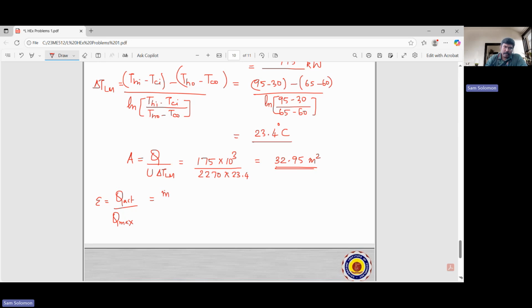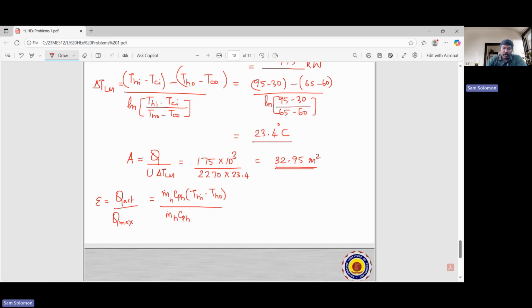So in this case, it could be either m dot h CPH THI minus THO or m dot C CPC TCO minus TCI. Okay. So in this particular scenario, this maximum possible heat transfer can be either written as m dot h CPH or m dot C CPC because both of them are same. M dot H is equal to m dot C and CPH is equal to CPC.